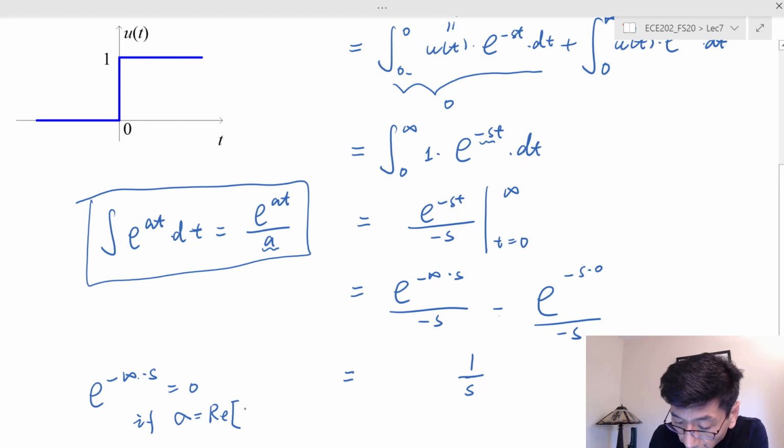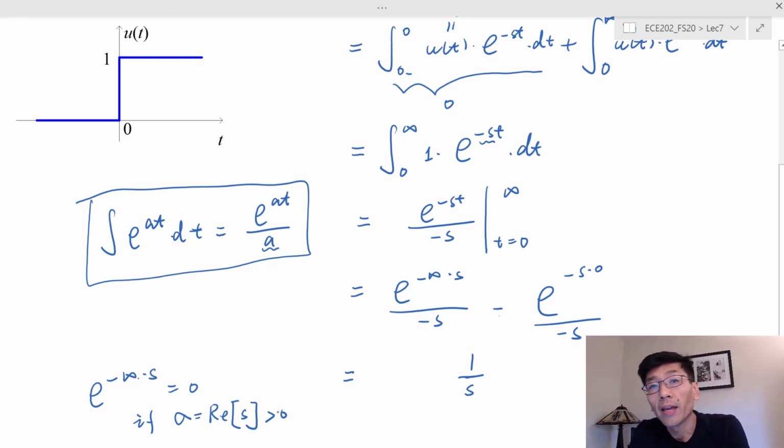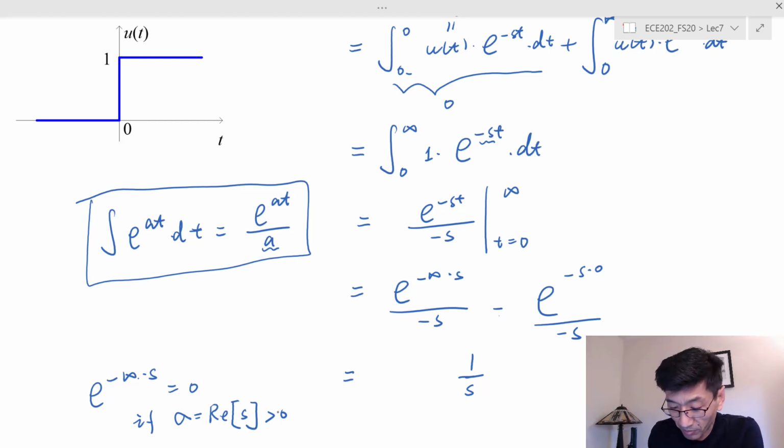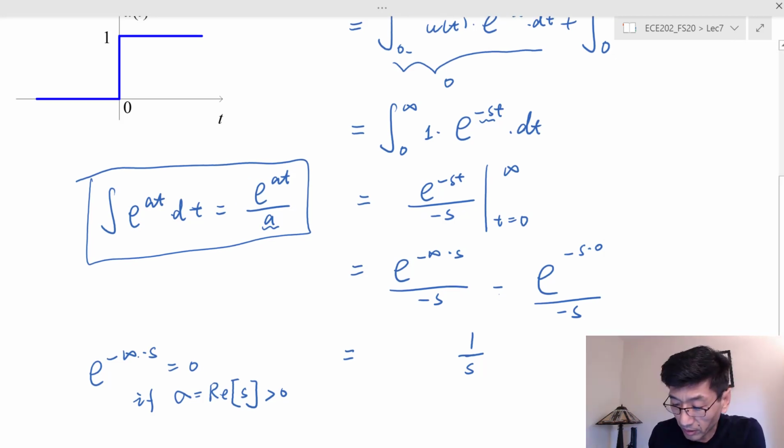So if the real part of s is positive, and we don't have the rigorous mathematical proof of this, if this is true on the positive side of this complex plane, the right hand side plane, it will be all right on all the complex plane.